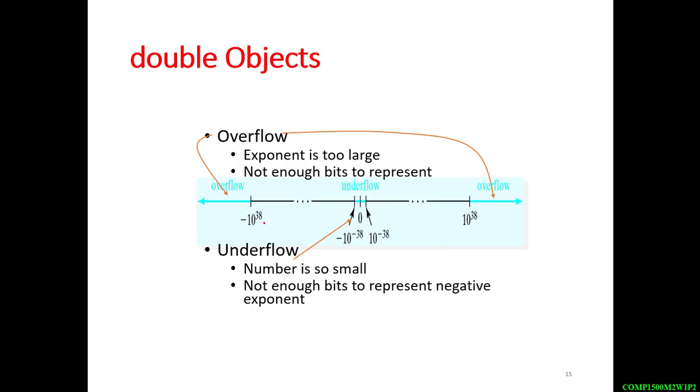Now, what happens if the number is bigger than 10 to the power 38, or smaller than minus 10 to the power 38, or it is between minus 10 to the power minus 38 and 10 to the power minus 38, which is the small values over here?